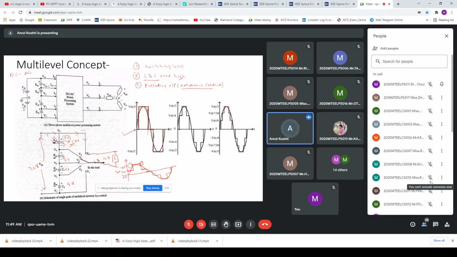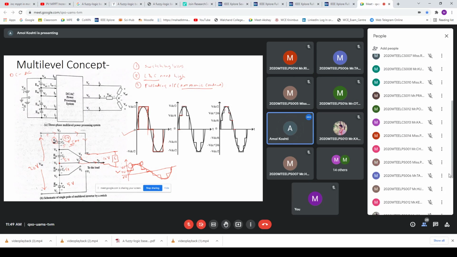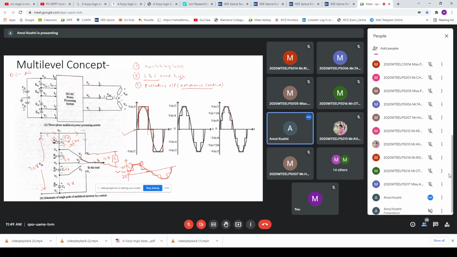Any doubt in this multi-level concept? Once you understand this concept, then you understand the further three topologies.